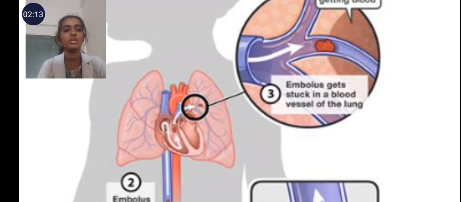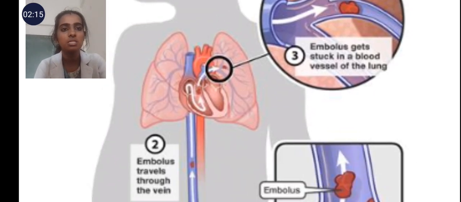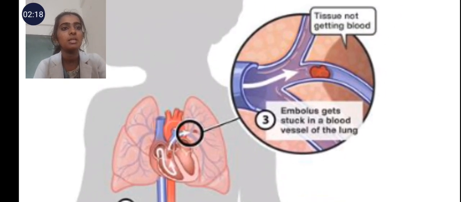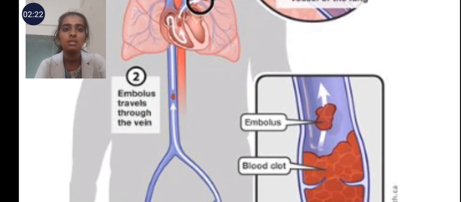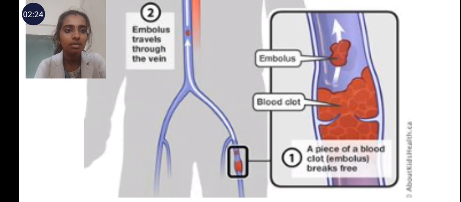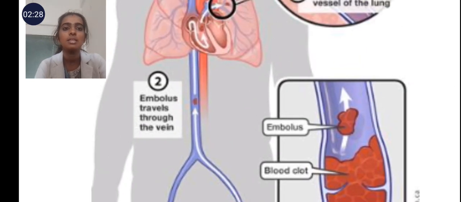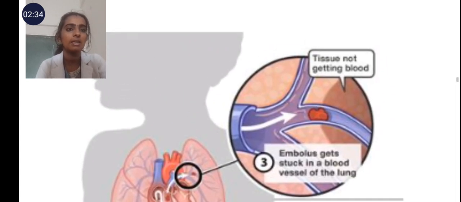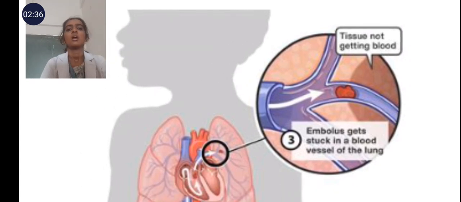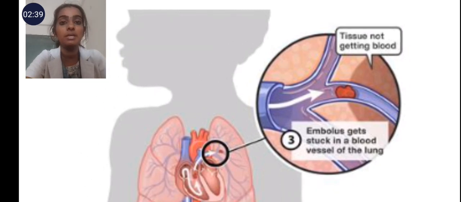This is the pulmonary embolism. The emboli travel through the veins and go to the heart. The embolus gets stuck in a blood vessel in the lung. So this is called pulmonary embolism.